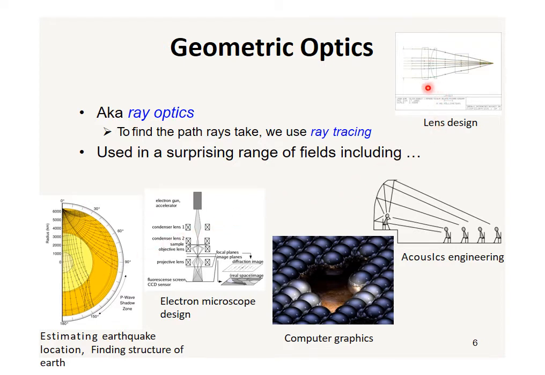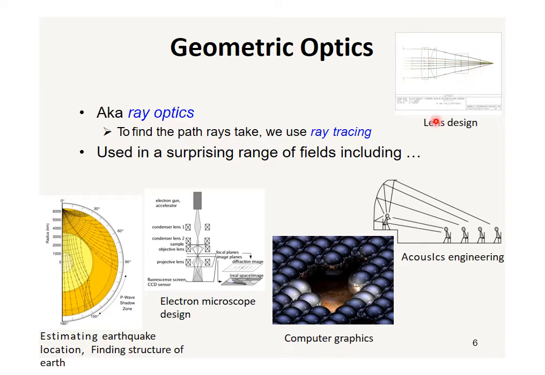You might be most familiar with it as a way of describing how rays of light will travel through a complicated series of lenses. So, for example, in a camera lens, you'll have a whole bunch of pieces of optics, and you can use ray optics, ray tracing, to figure out how the light is going to be going inside that lens.